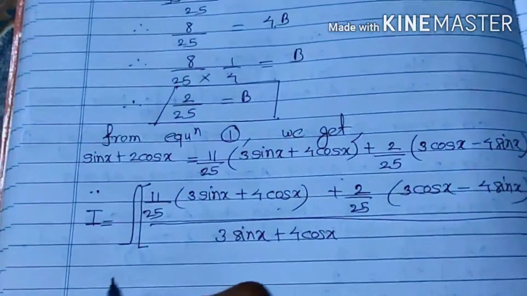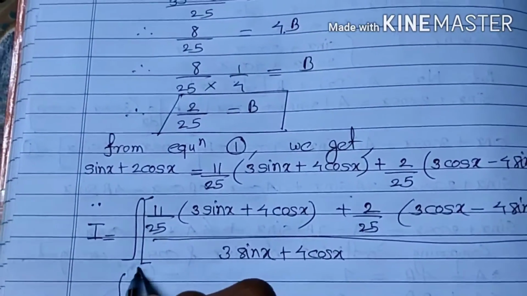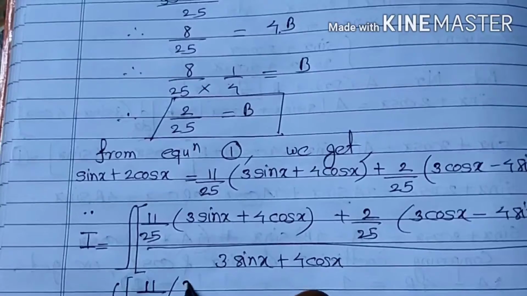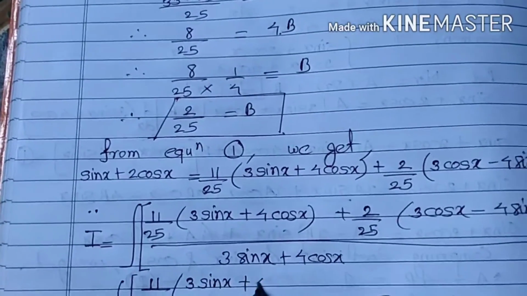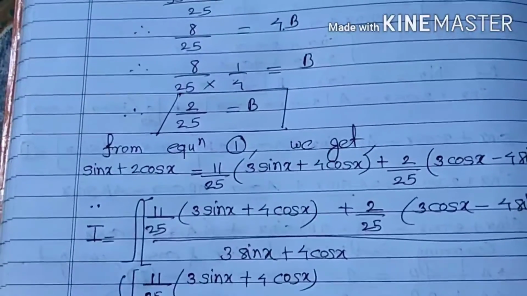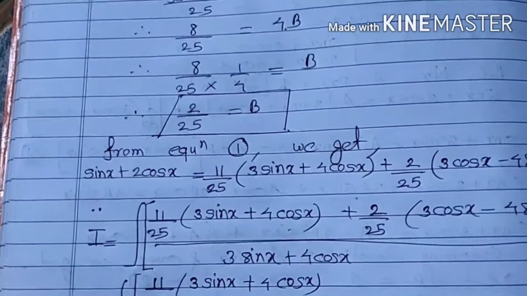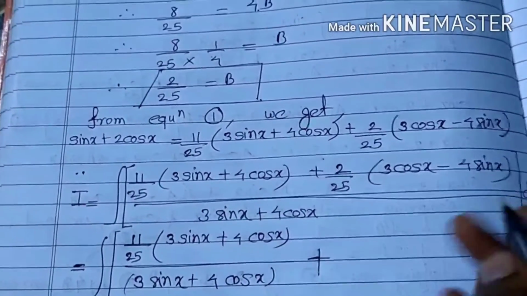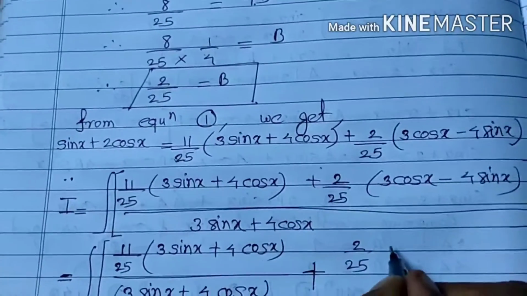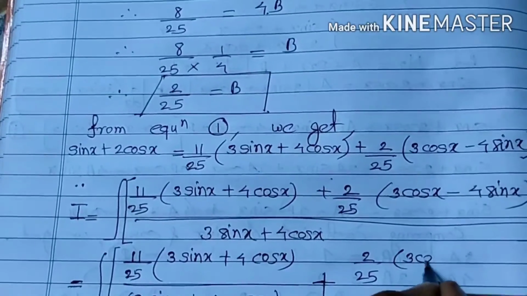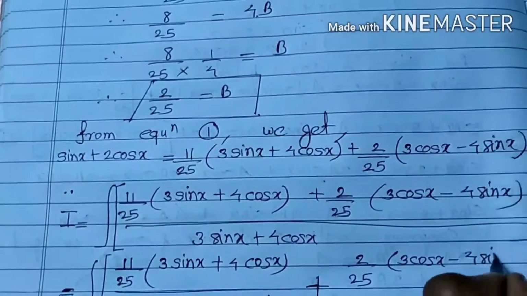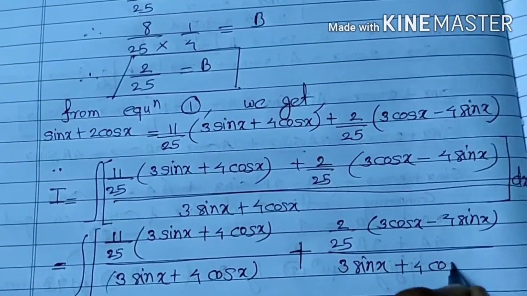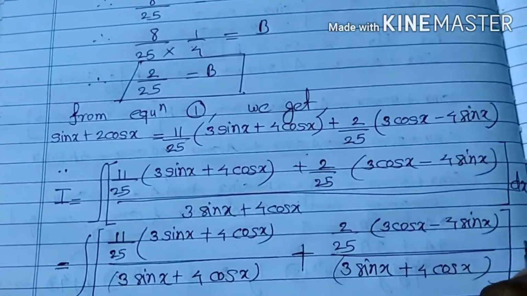Now separate the denominator, so it will become 11 upon 25 (3 sin x plus 4 cos x) upon (3 sin x plus 4 cos x) plus 2 upon 25 (3 cos x minus 4 sin x) upon (3 sin x plus 4 cos x) into dx.